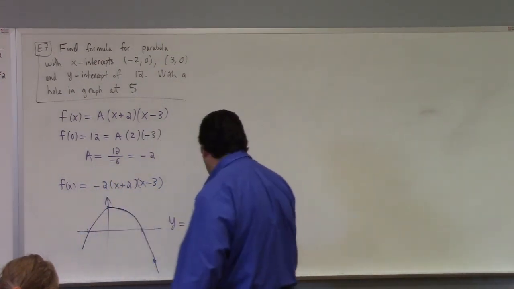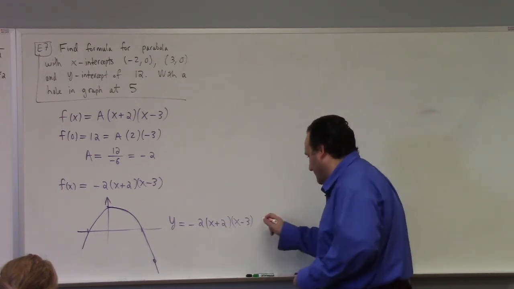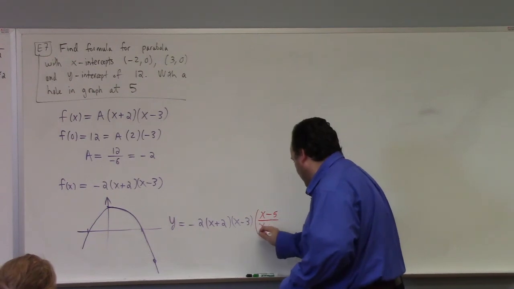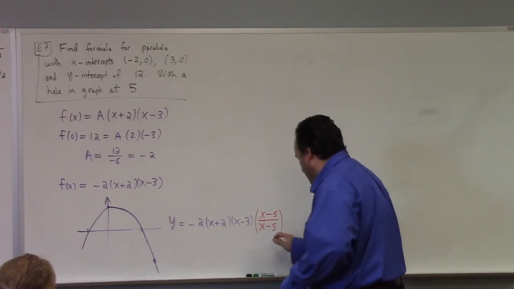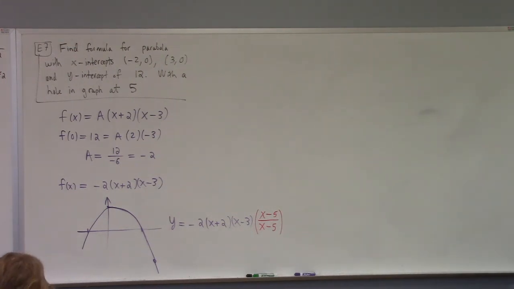And get this, all you have to do, it's exceedingly silly. You want to punch a hole in the graph, you just multiply by x minus 5 over x minus 5. That's all that's going on here. This is a mathematical hole puncher. You just multiply by that thing. It's always equal to 1, except where it's not defined, which is 5. That puts a hole in the graph.